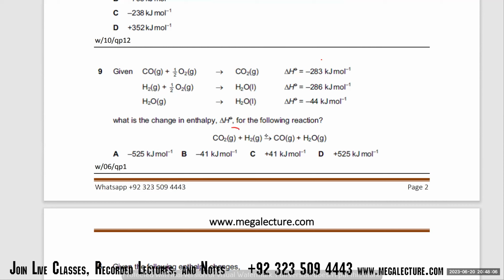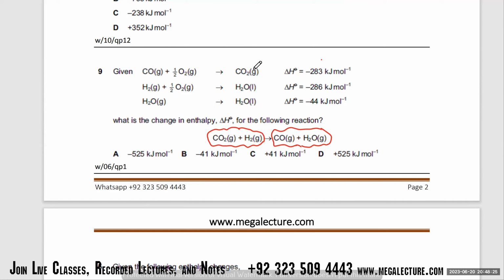The only way this is possible is that I create an alternate path using the enthalpy changes that are given already. So what's given? That carbon monoxide can be turned into carbon dioxide.